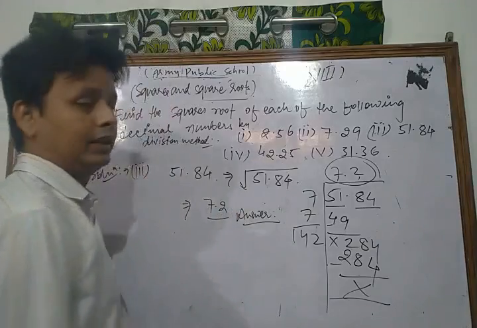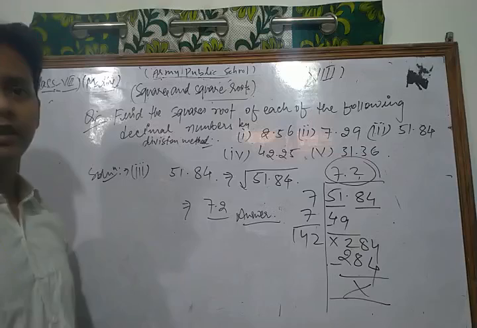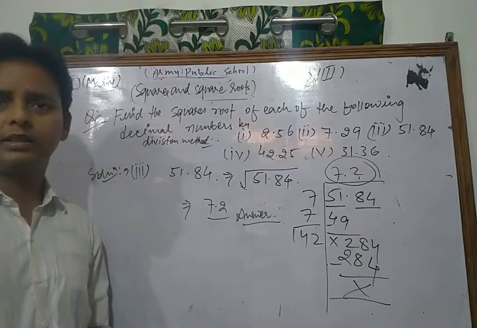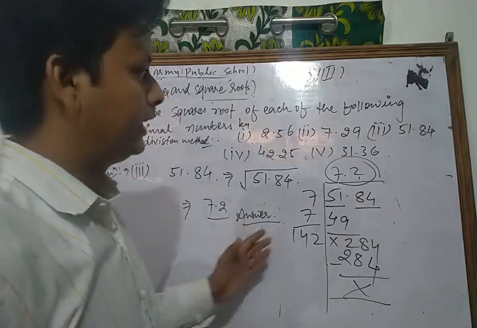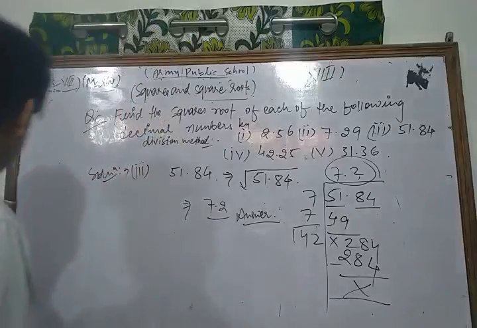Okay. So in this way, dear student, you can solve each and every question of your NCERT exercise based on these topics. Now we take and solve the next part of this question. Let's see, dear students.